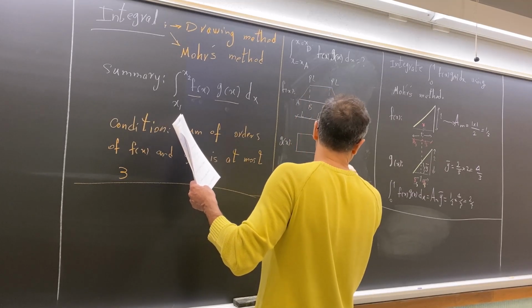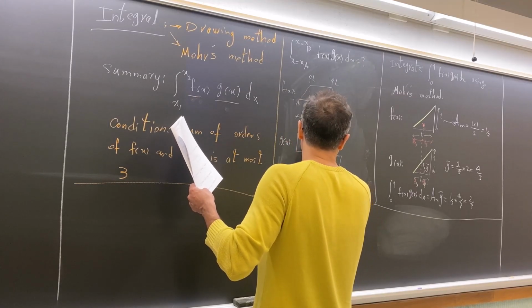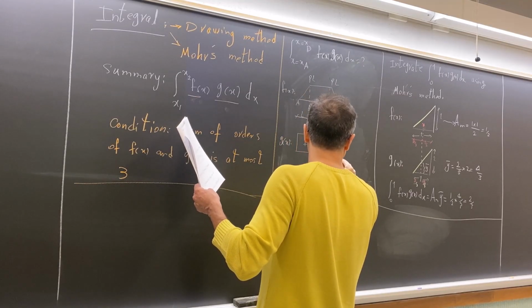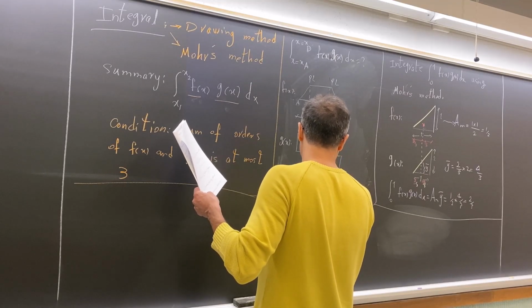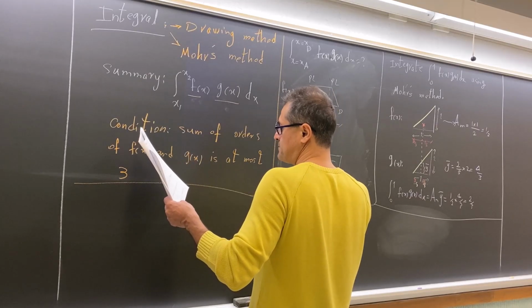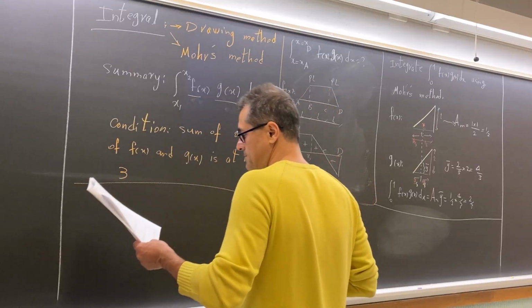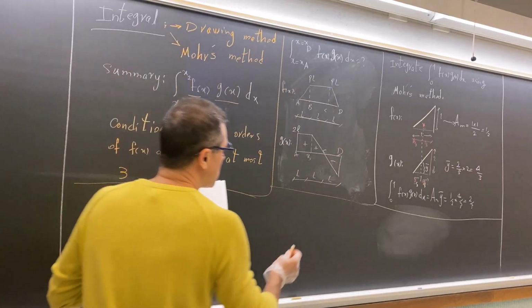My drawing is not to scale. So this is 2L, A, B, C, D. And this is also 2L.